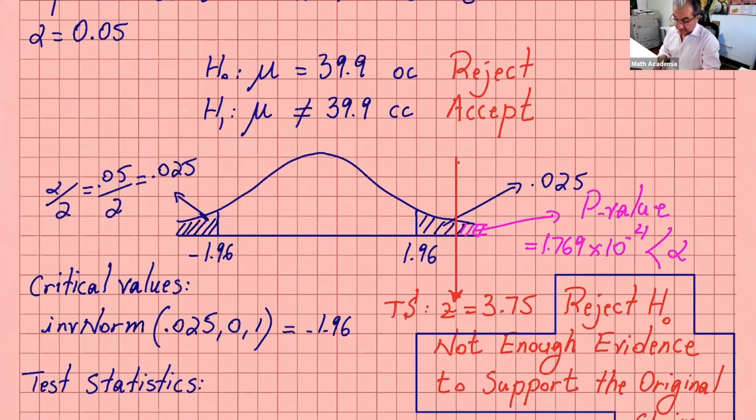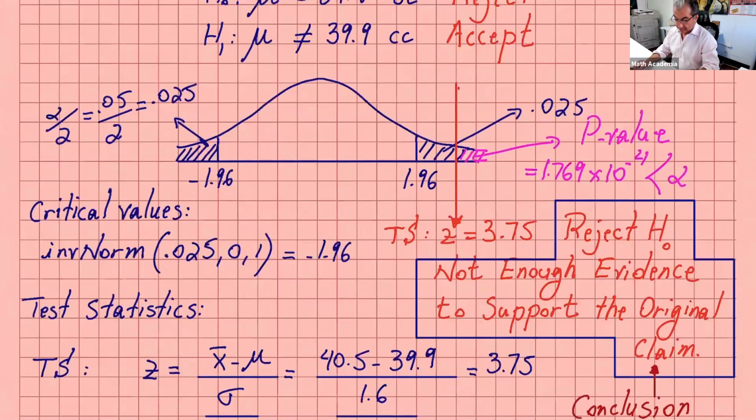Same thing, this is a two-tailed test. So in order to find the critical value, you have to divide alpha by 2, and you get 0.025. You go to your calculator again, this is distribution, inverse norm 0.025, you get negative 1.96. So this will be positive 1.96.